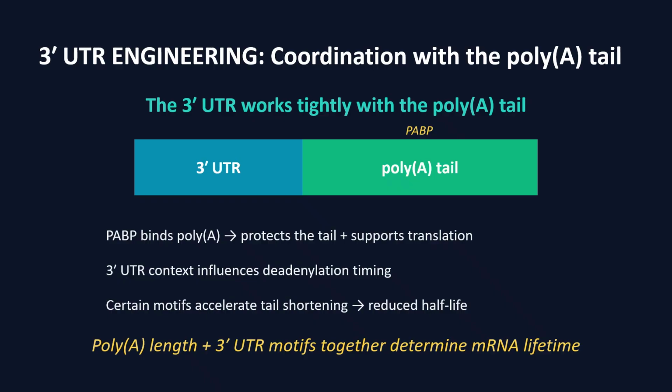So certain motifs recruit complexes that shorten the tail sooner, which may lead towards decay. So basically, mRNA lifetime is determined by the combination of the poly A tail design and 3' UTR sequence elements.